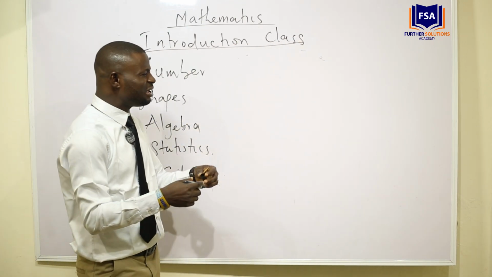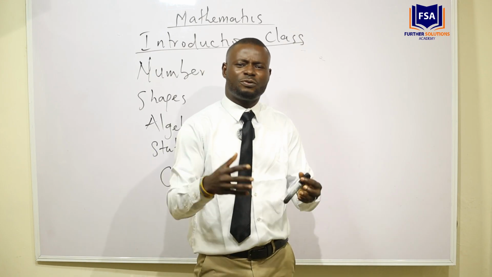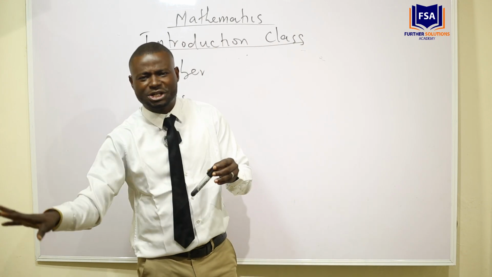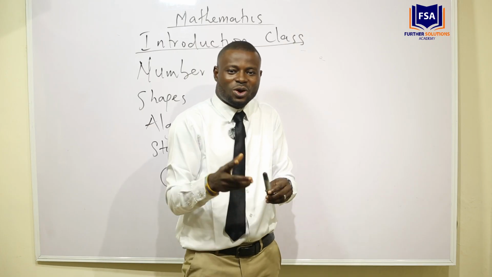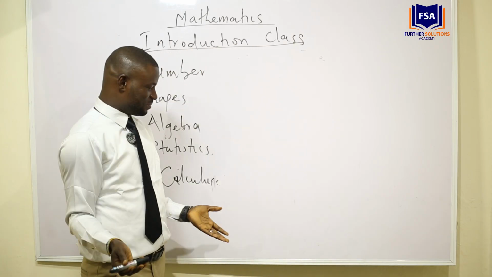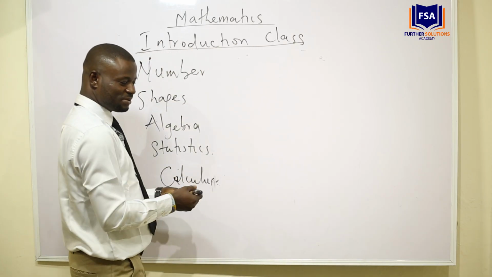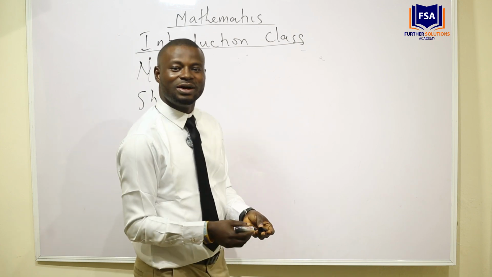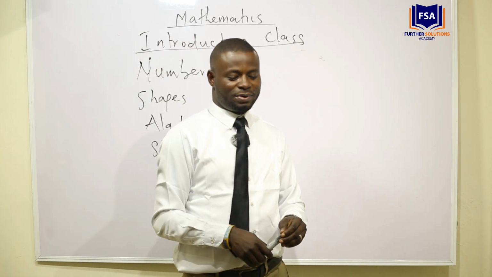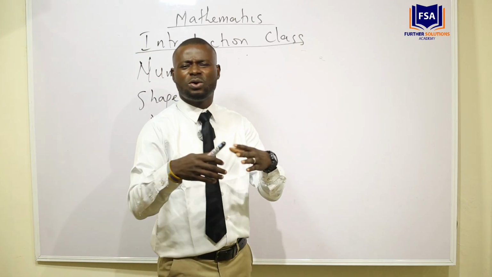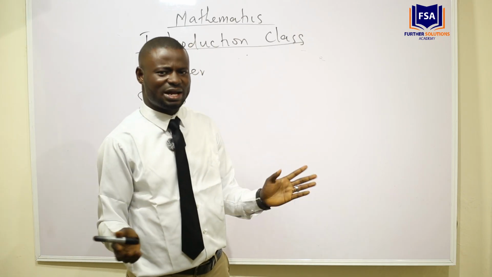But there are many. Under regular shapes, we'll be talking about 2-dimensional shapes and 3-dimensional shapes. Under 2-dimensional shapes, which some people call plane shapes, we have rectangle, triangle, trapezium, parallelogram, polygons, etc. Do you get that?